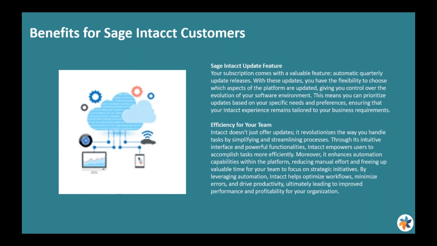These updates are flexible and allow users to select which platform aspects to update, ensuring that the software environment aligns with their business requirements. This control enables prioritization of updates based on individual needs and preferences, maintaining a tailored Intacct experience.